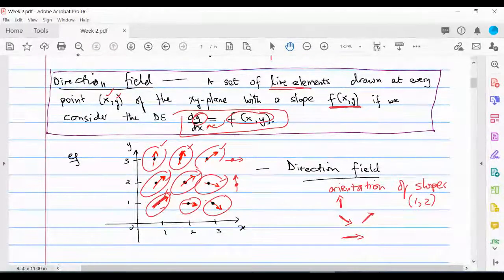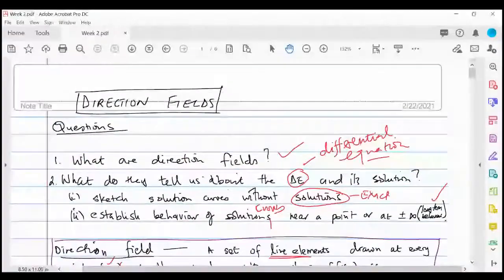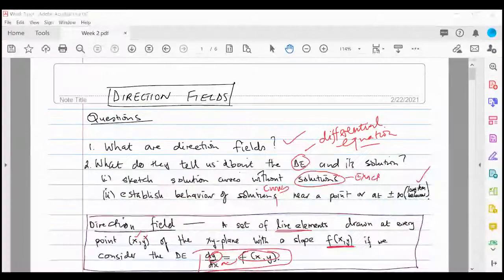So the graph will just touch the tangents, and then probably it will be moving like that. So without finding the exact solution, you will know how the solution behaves, the qualitative features of the solution.